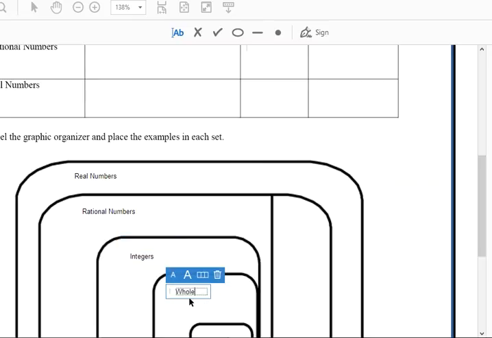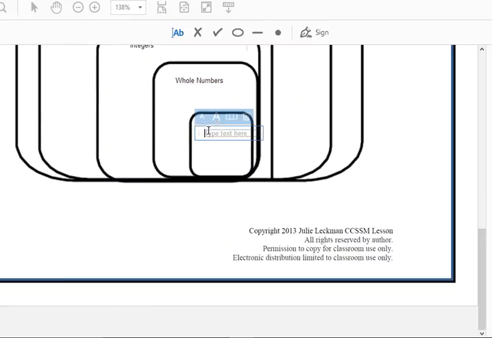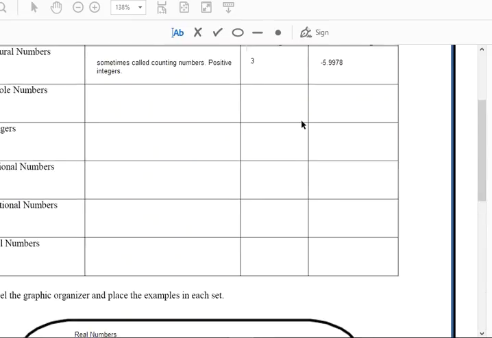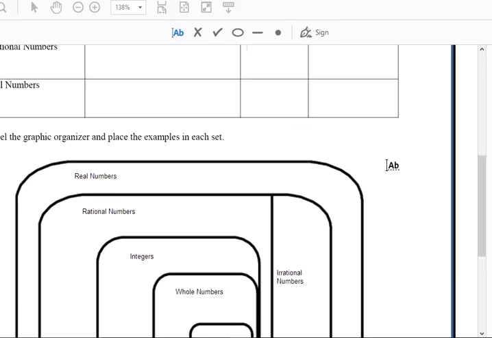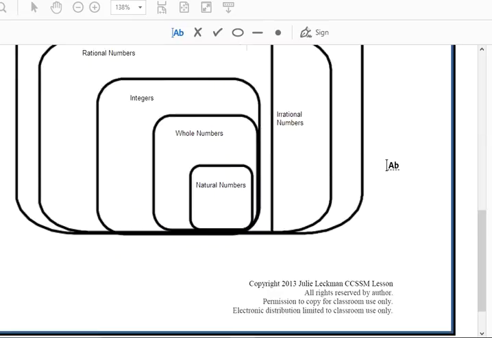My next one is whole numbers, natural numbers, and then over here would be my irrational numbers. Okay, and that is my notes page completed.